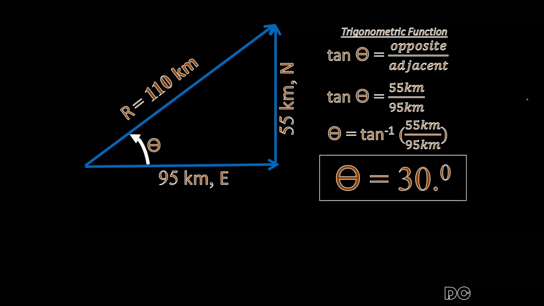Sir, bakit 30 point degree? Bakit hindi siya 30 lang or 30.0? Okay? Because, as mentioned, according to the rule of the significant figure, in multiplication, the answer should have the least number of significant figure. So the least number is 55, which is two significant figures.